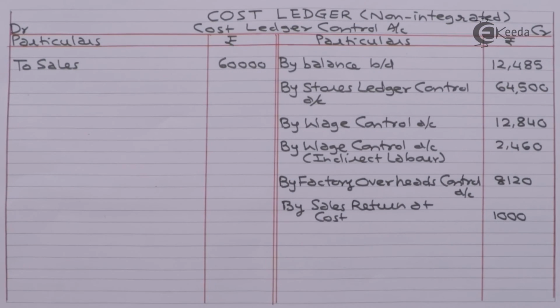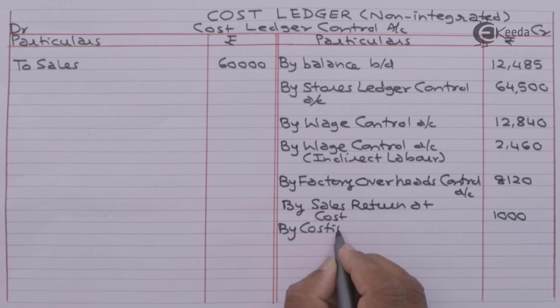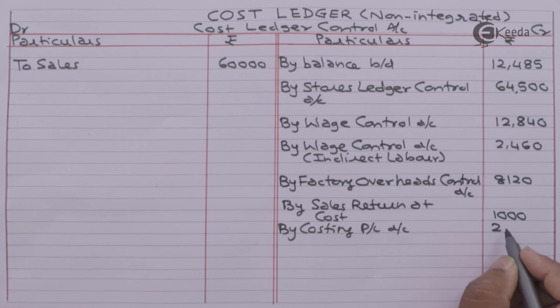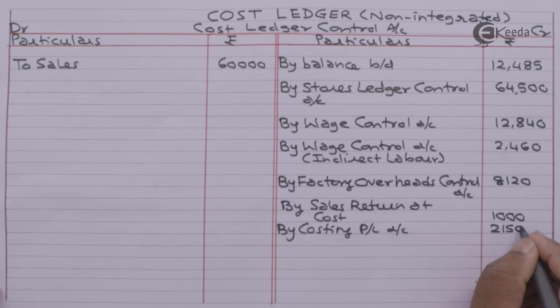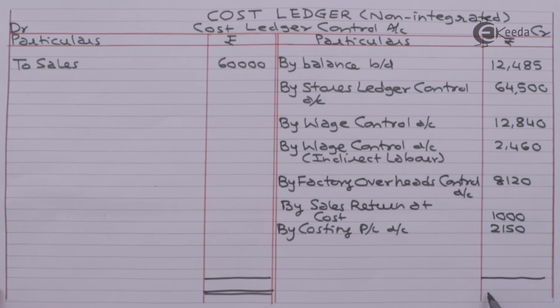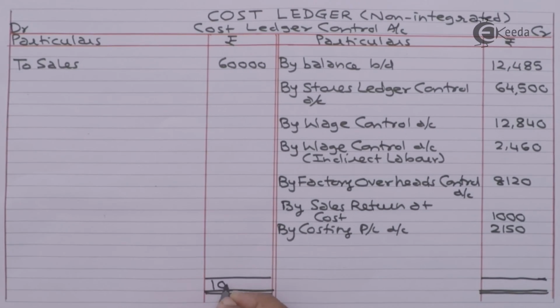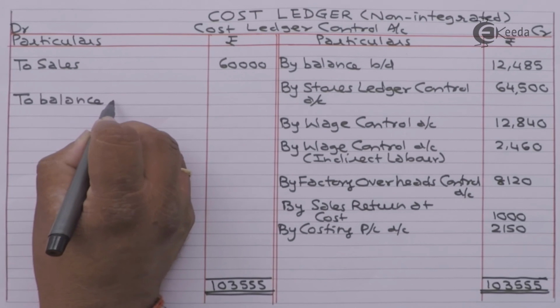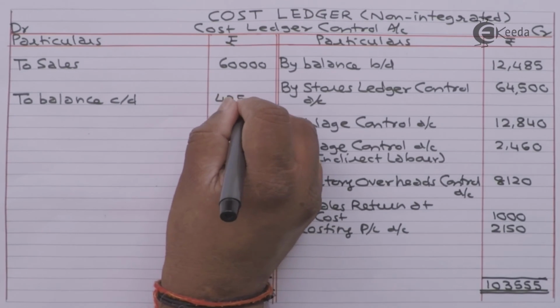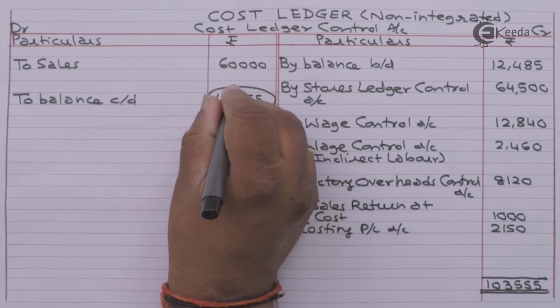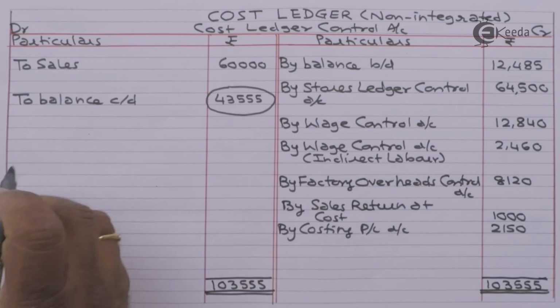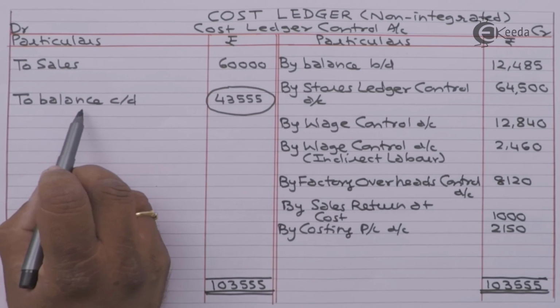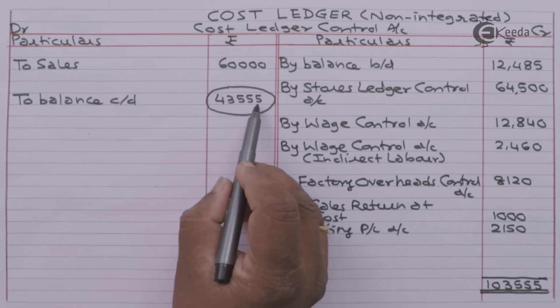This will be transferred to the cost ledger control account credit side. Cost ledger control account, we are getting a balancing figure on the debit side to balance carried down 43,555.